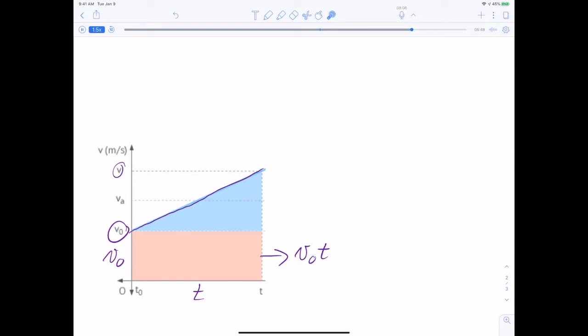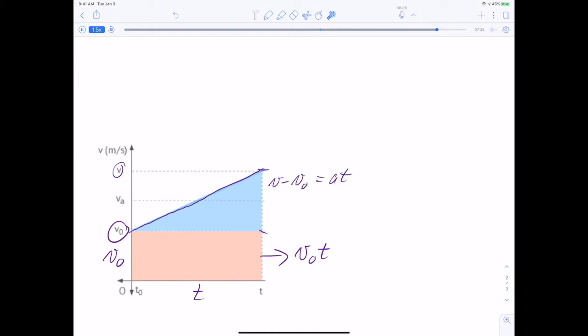You could think of that as how far the object would go if it just traveled at the initial velocity. But now we have an object that is speeding up. It's got a positive velocity with a positive acceleration, so it goes farther than that. How much farther? The distance from here to here on this blue triangle is the change in velocity, the distance between v and v naught. That's v minus v naught, which is equal to acceleration times time.